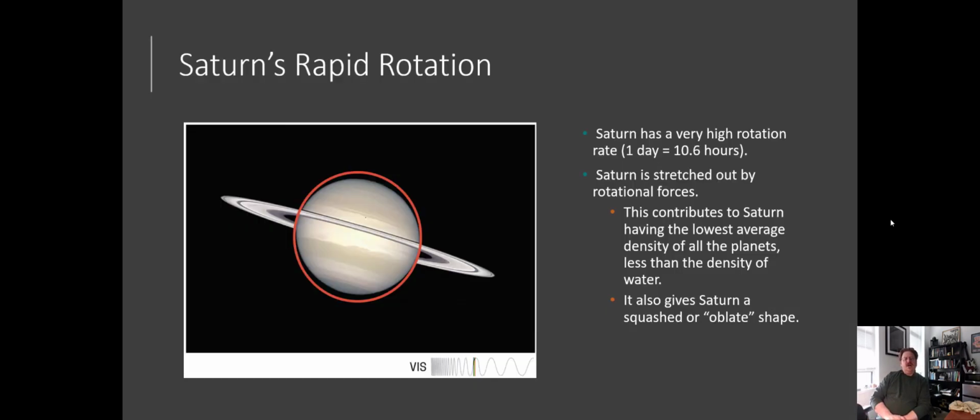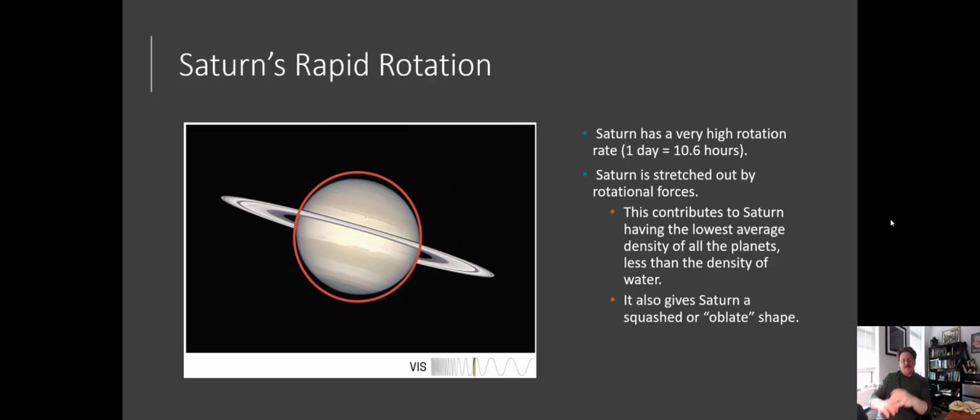As I mentioned, Saturn's rapid rotation is around 10.6 hours for one Saturnian day, and you can see just how oblate that makes the Saturnian shape. It's not a perfect sphere by any means.